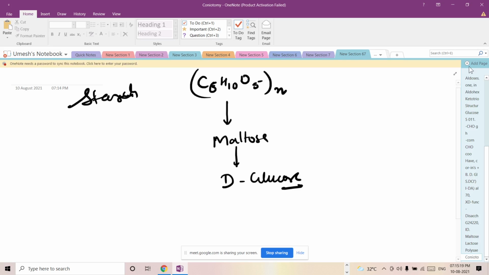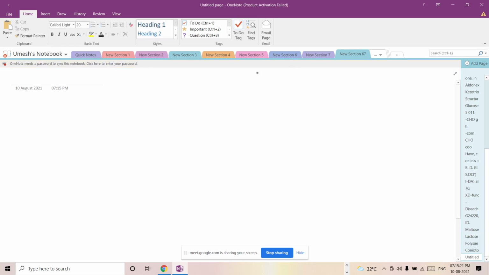Now, starch is made up of two components, right? One is called the amylose, the other is called the amylopectin.